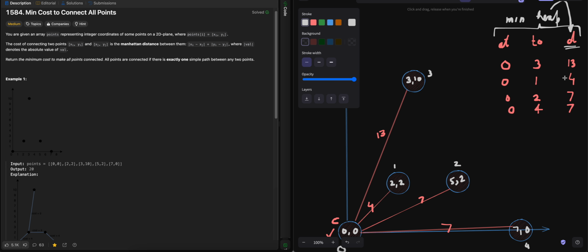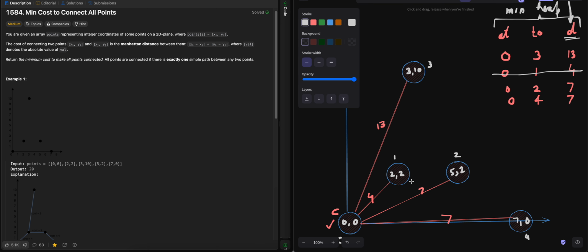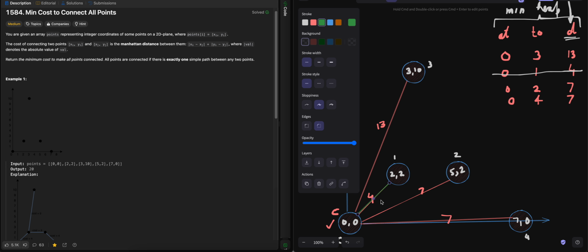It will pick out the minimum distance edge and give it to us. We strike this through, since we picked it from the 0th node and are going to the 1st node. I'll mark this as green, which represents one of our final paths.